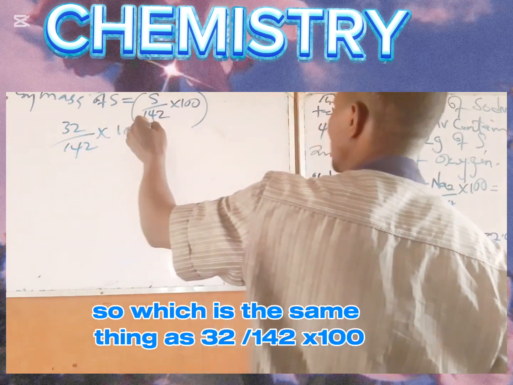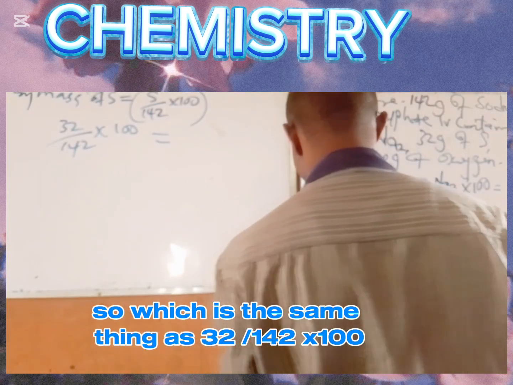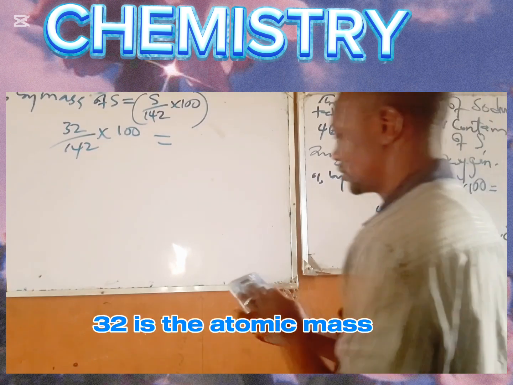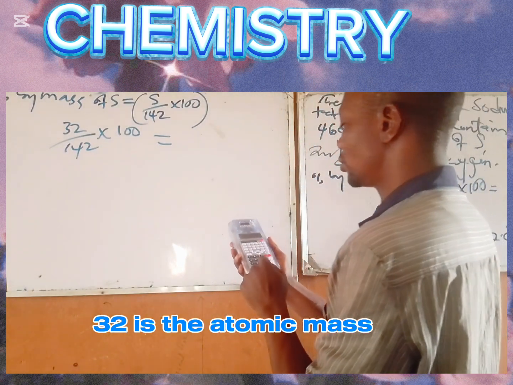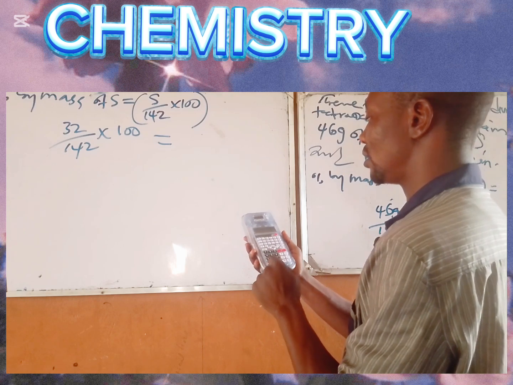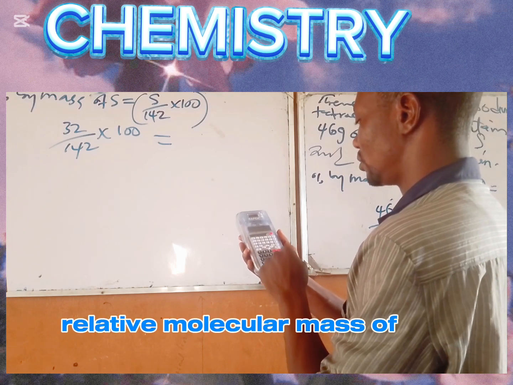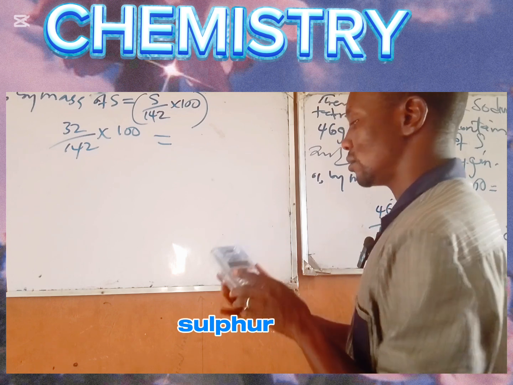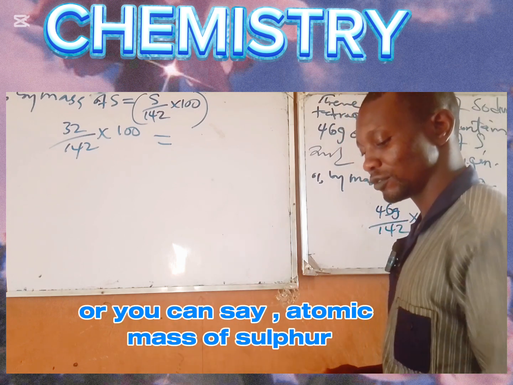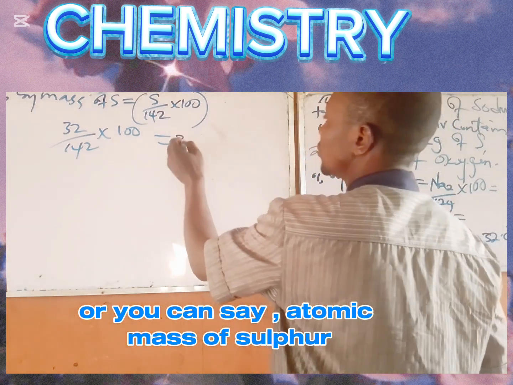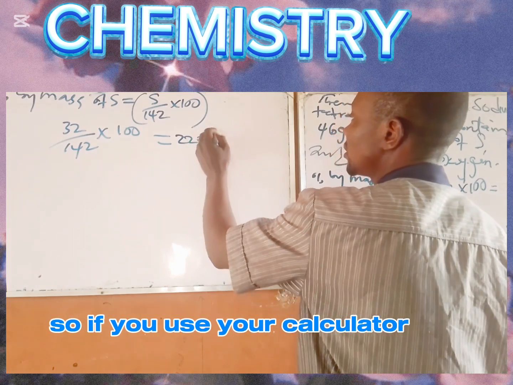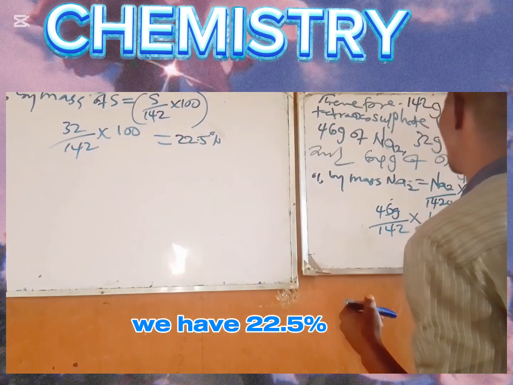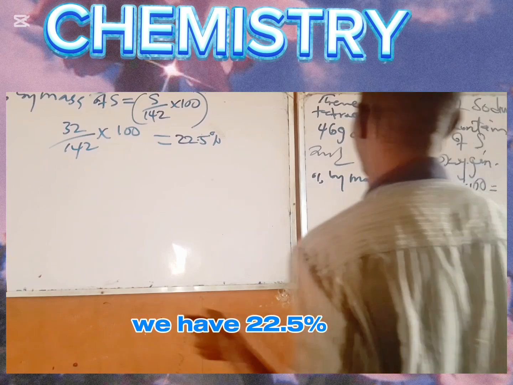So, it is the same thing as 32 over 142 multiplied by 100. 32 is the atomic mass of sulfur. So if you use your calculator, we have 22.5%.